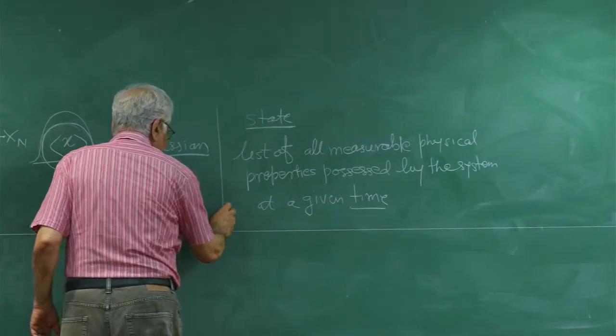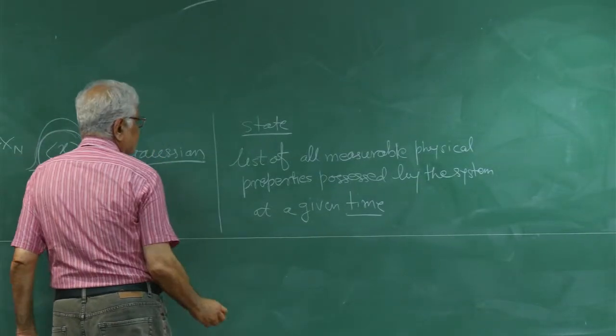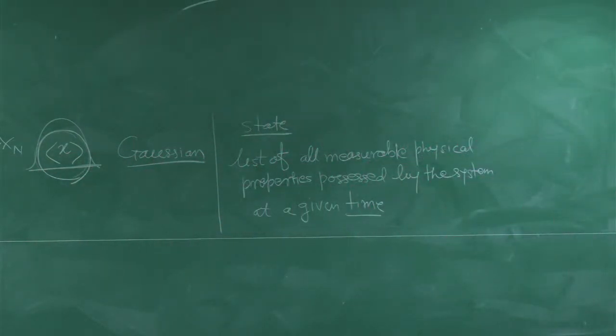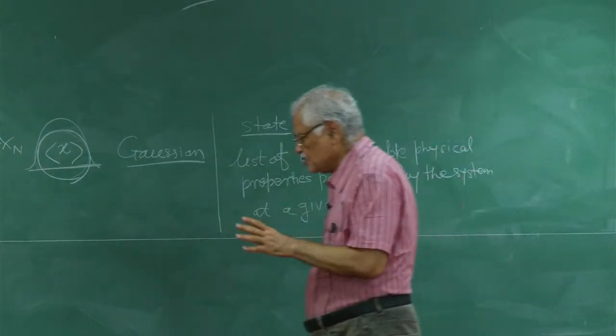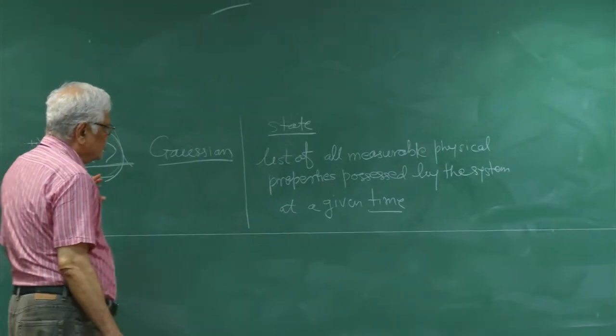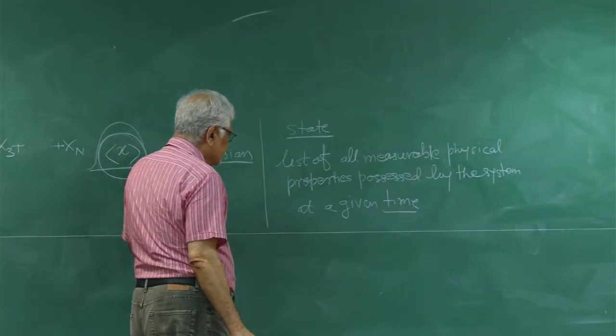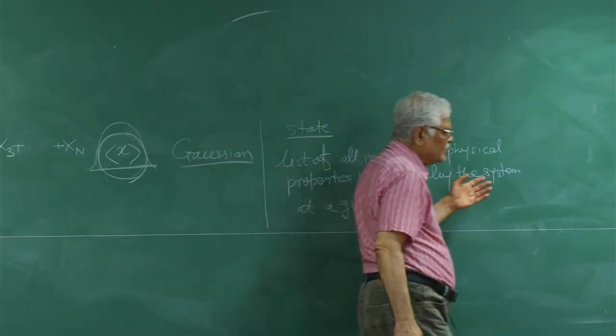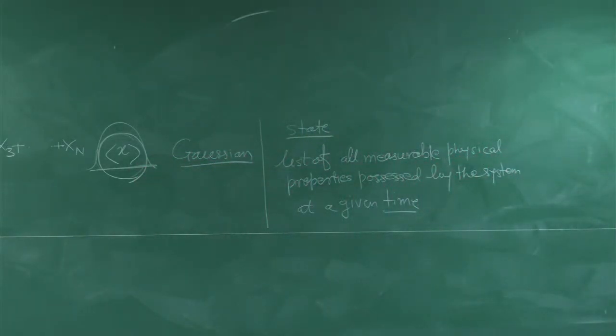The next observation is that all possible measurable physical properties have definite values at any given time in that particular system, and you can measure them as accurately as you want. Suppose, depending on the kind of application I am doing, I need a particular accuracy. Then in principle I can get that accuracy. There is absolutely no problem.